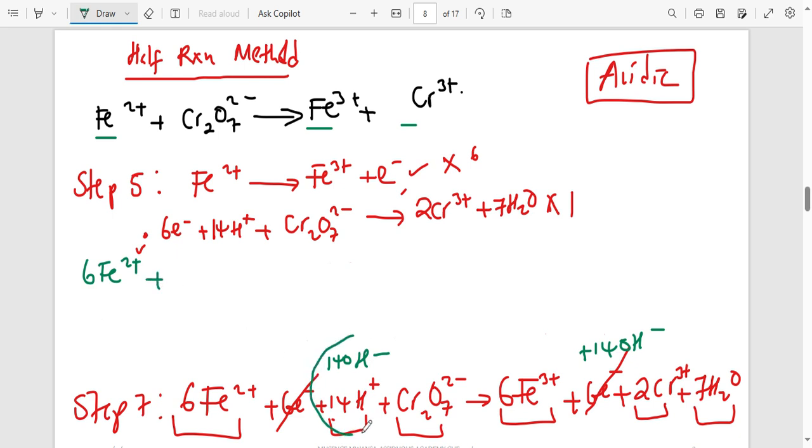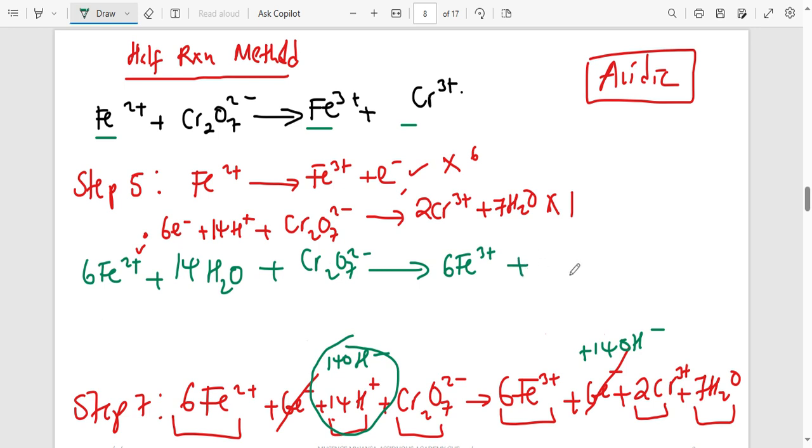When you add 14 hydroxides and 14 hydrogen ions, you are going to get 14 water molecules. And then plus Cr2O7 2 minus, and that is going to go into 6 Fe3 plus, on the product we've also added 14 hydroxide, and then plus 2 Cr3 plus, then plus 7 water molecules.